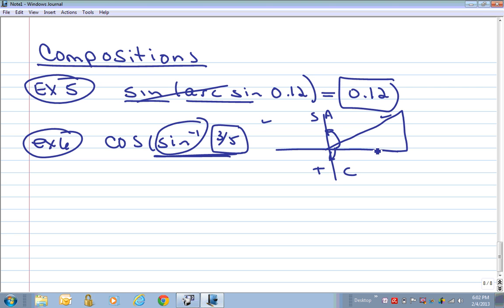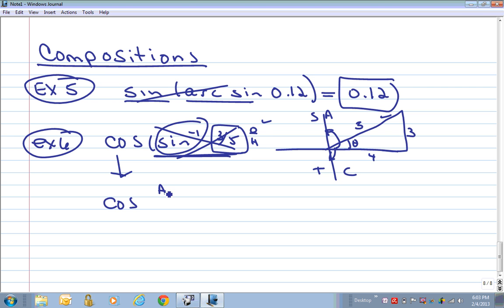Draw your right triangle. Sine is opposite over hypotenuse. So from our reference angle, opposite would be 3, the hypotenuse would be 5, and of course it's a 3, 4, 5 triangle. So now you have your triangle, and you're done with all of this information. You used the inverse for the restriction. Then you used the 3/5 as your opposite and hypotenuse, and now we're really solving for cosine x.